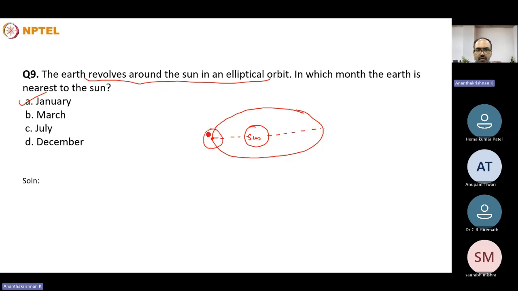So in the case of January, it will be at the closest. It's called perihelion, and in July it will be farthest. It's called aphelion.